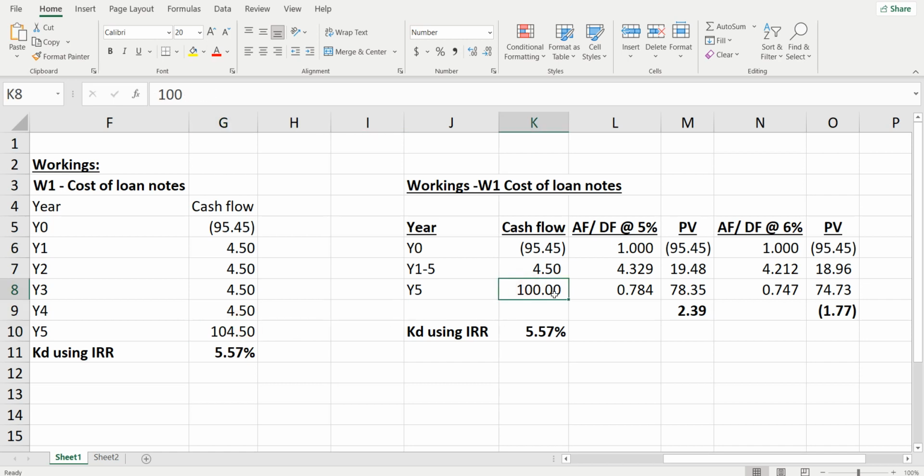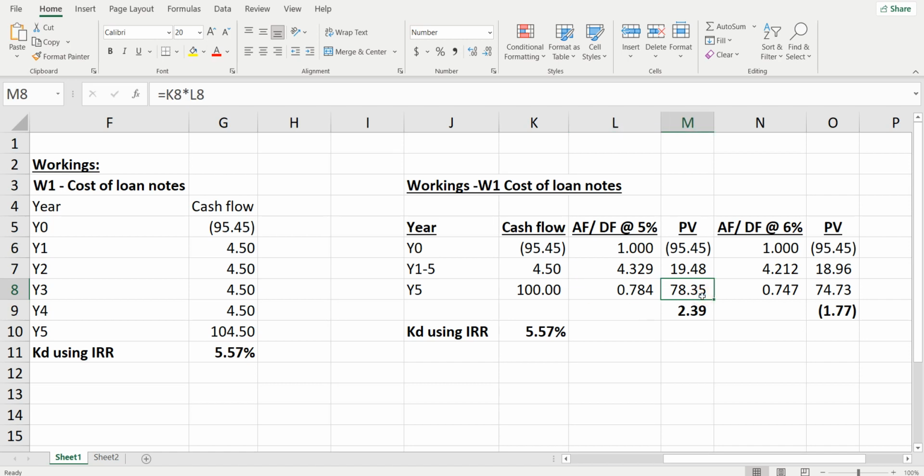So the discount factor is 1 divided by (1 plus r) to the power n, or you can do 1 multiplied by (1 plus r) to the power minus n.